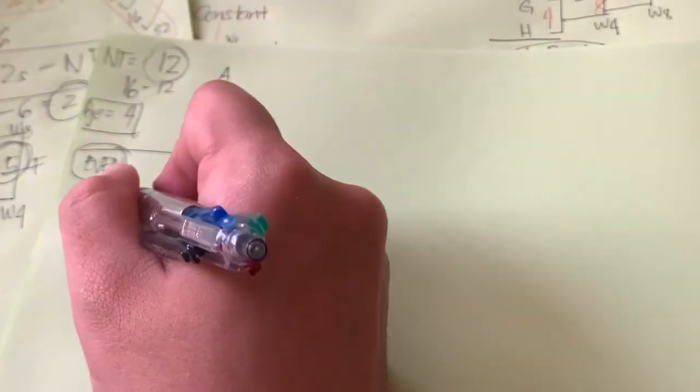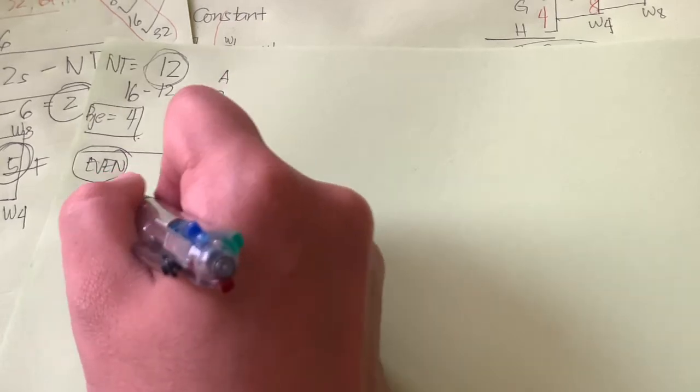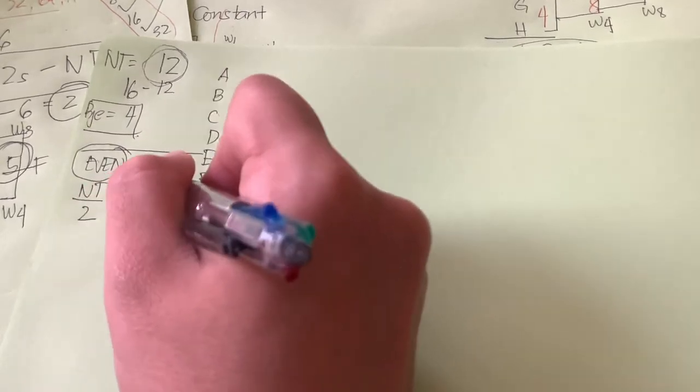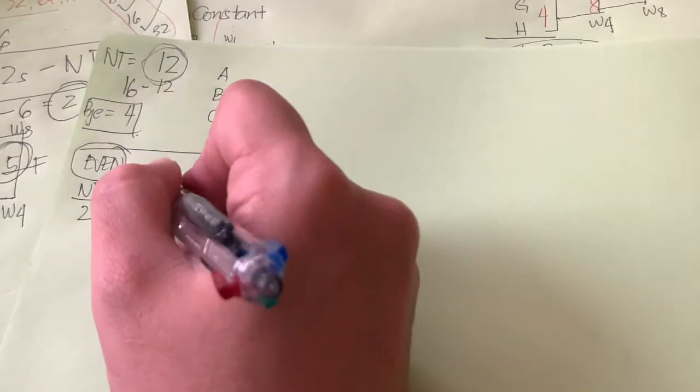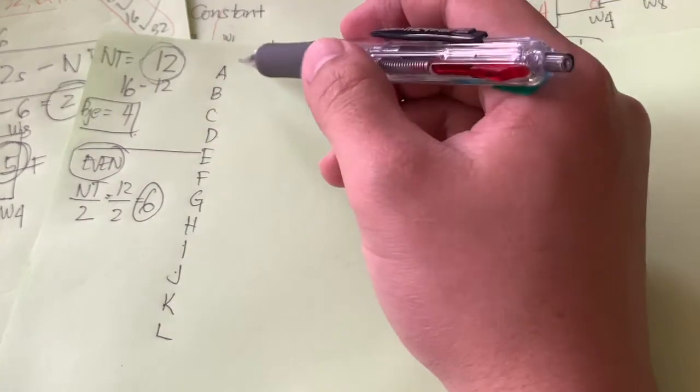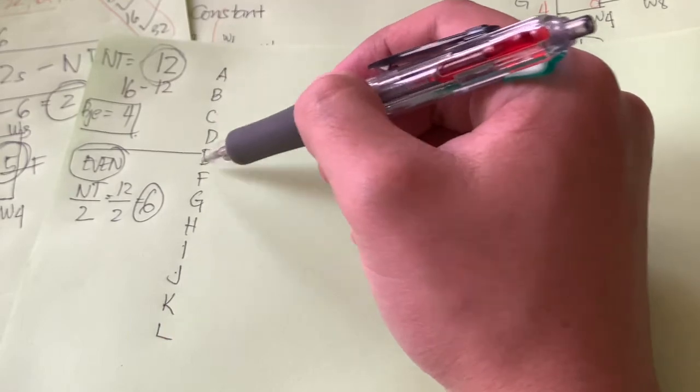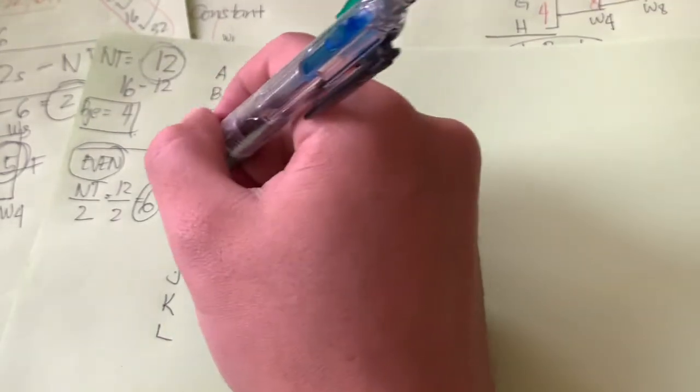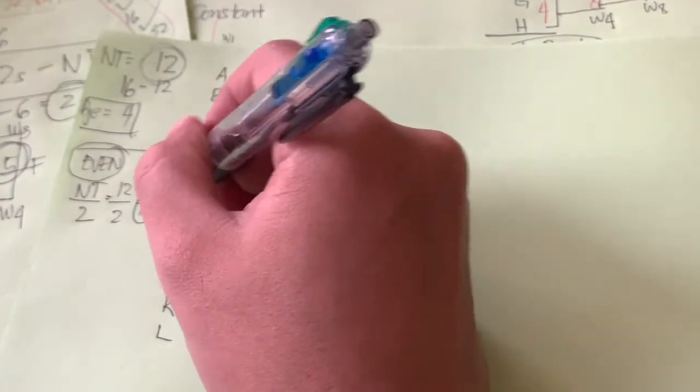So if this is 12 over 2, both upper and lower will be getting 6 teams that we need to divide right now. 1, 2, 3, 4, 5, 6. So here is the division of the half system.